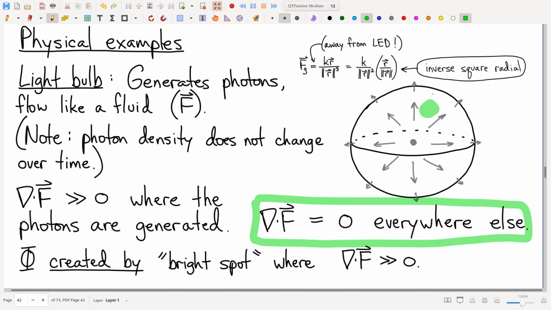Structurally, any inverse square radial vector field, they're all kind of the same. So the following argument, while it makes physical sense here, is perfectly reasonable for any inverse square radial vector field. And here's the argument.